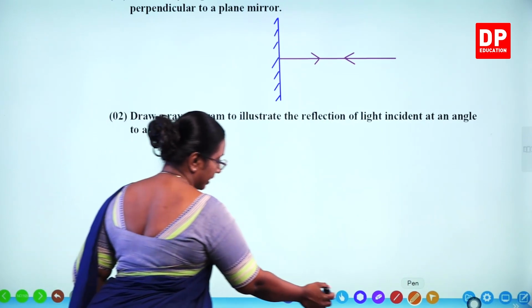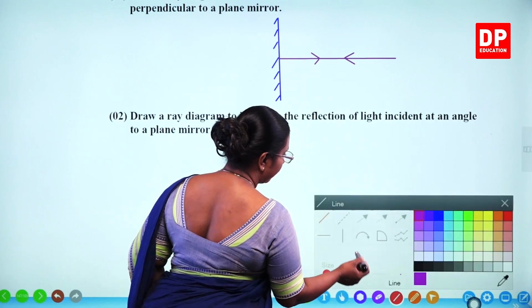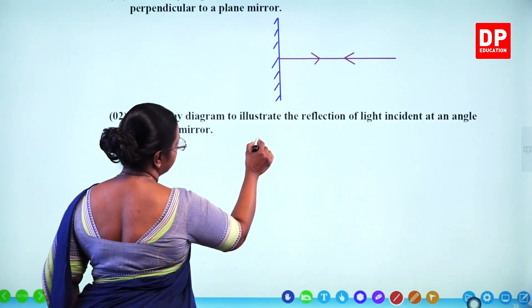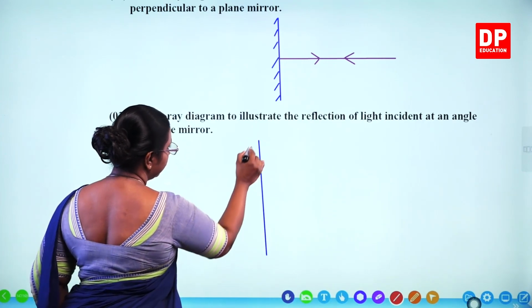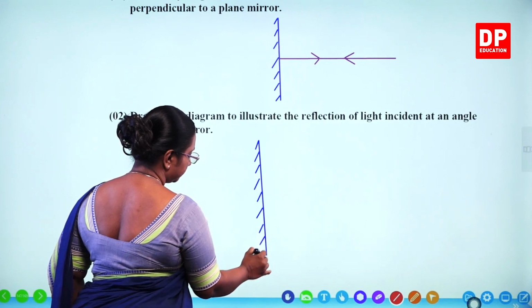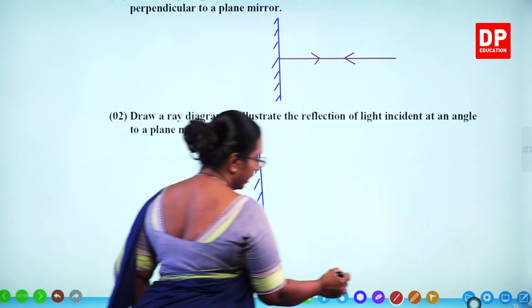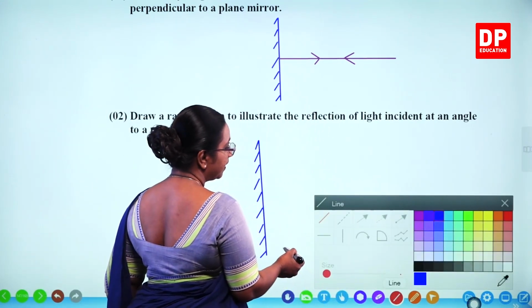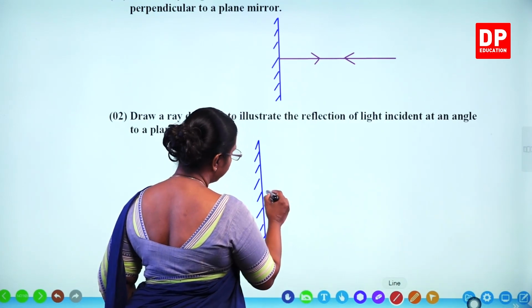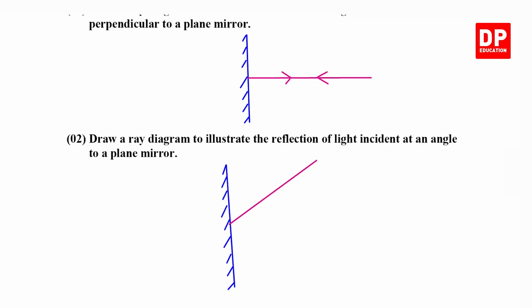So to do that, again I need to have the plane mirror. So I will draw the plane mirror here. So again we need to have the normal line. Before I draw the normal line, I will draw a ray that is incident with an angle. Now what do we need?